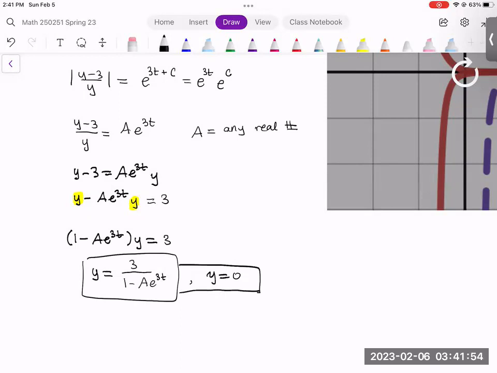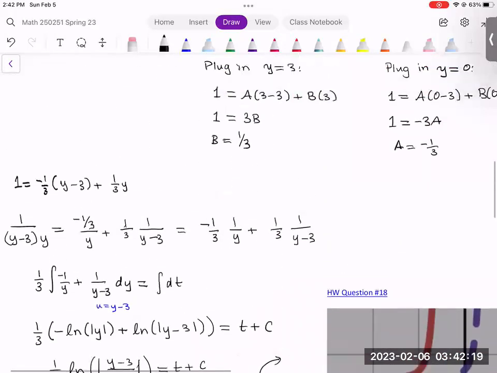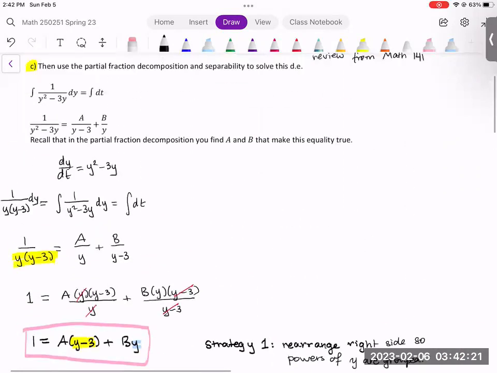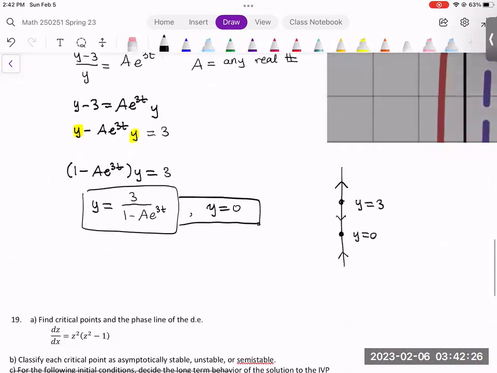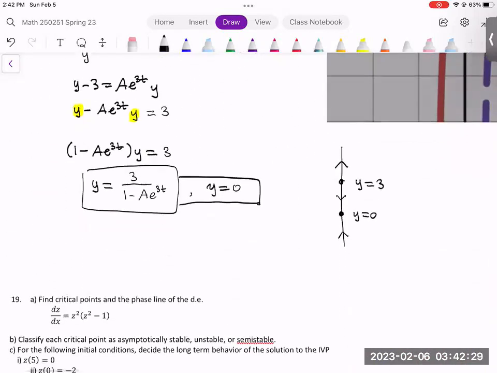Now, based off of our phase line, remind you of what that looked like. We had 0 and 3. And we found that 3 was unstable, and y equals 0 was stable.